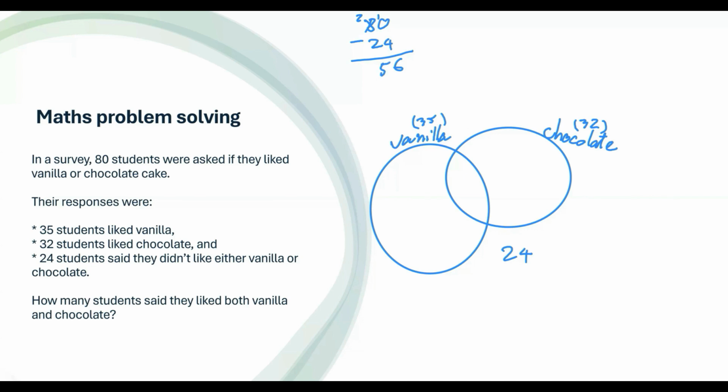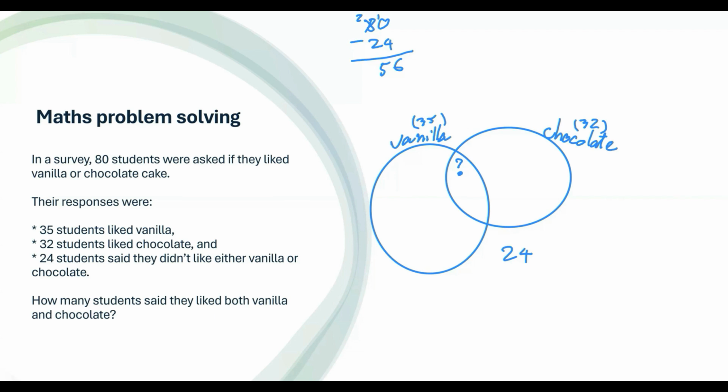So we know that 56 of the students will have to go into the two circles. Now, it becomes tricky. To work it out, you really need to find what goes into the middle. How many students actually like vanilla and chocolate together, at the same time?